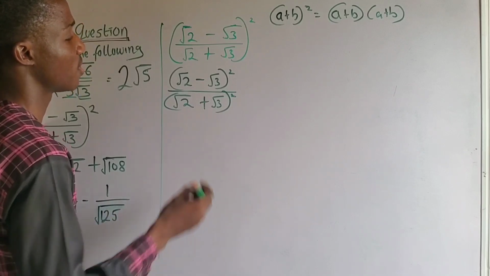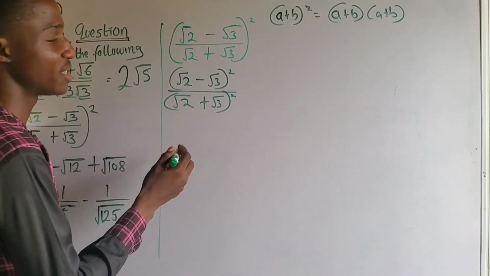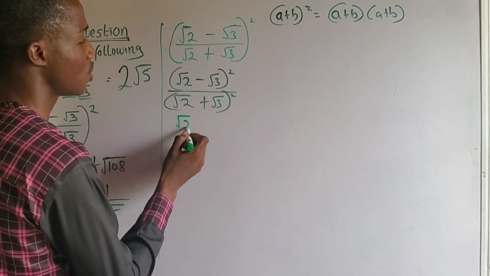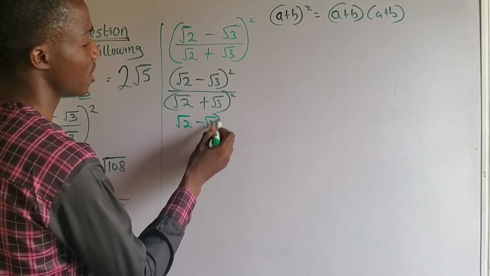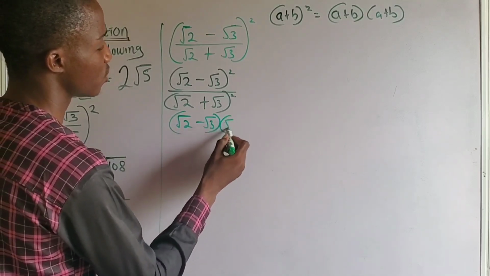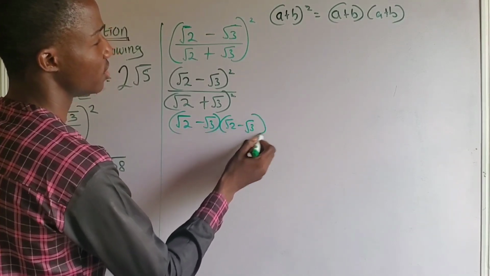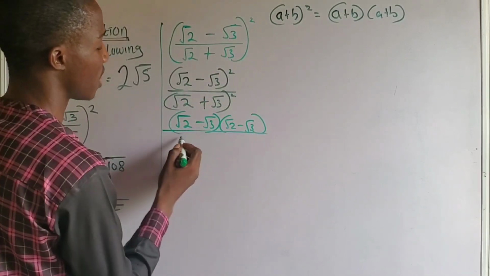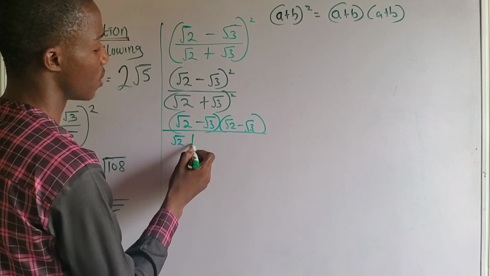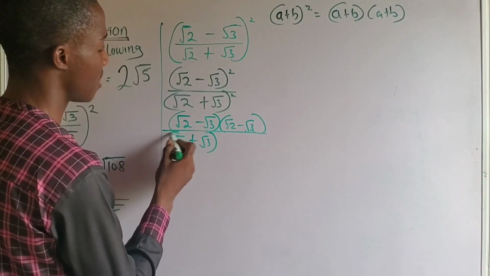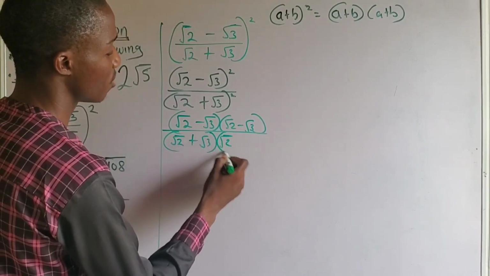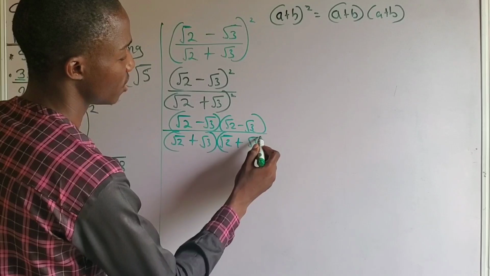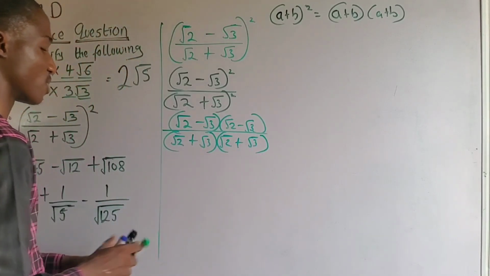Now, let us expand the bracket. I'm going to have root 2 minus root 3 multiplied by root 2 minus root 3. Just like this identity that I wrote here, okay? So, all over root 2 plus root 3 multiplied by root 2 plus root 3. Do you understand?